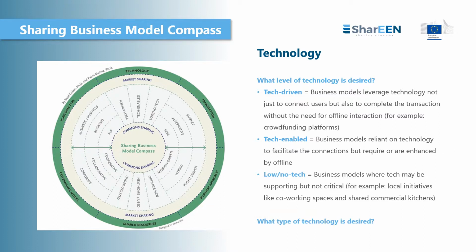There are many types of technologies that could be relevant and associated with the sharing economy. For example, review and reputation rating systems, online payments, geolocation, artificial intelligence, blockchain, big data analytics, and so on.